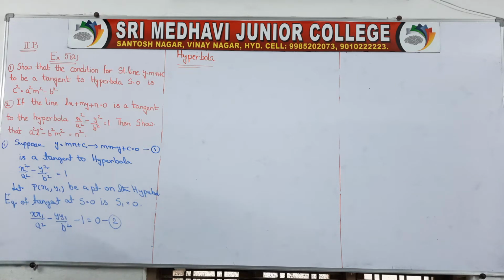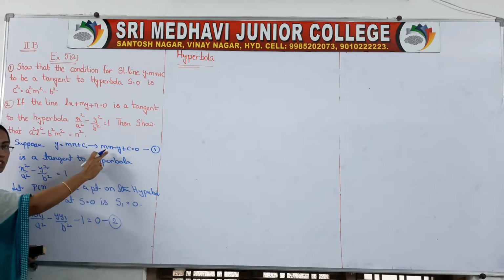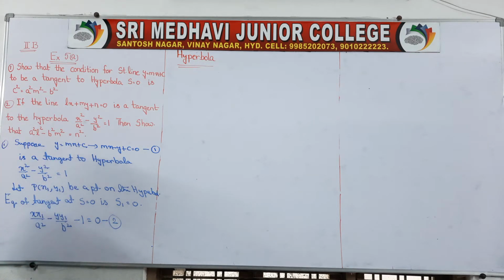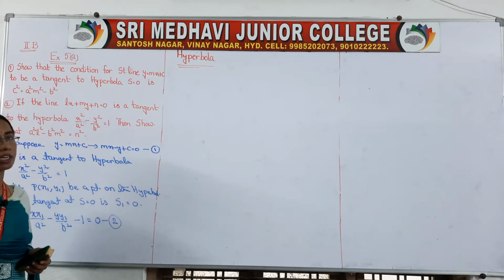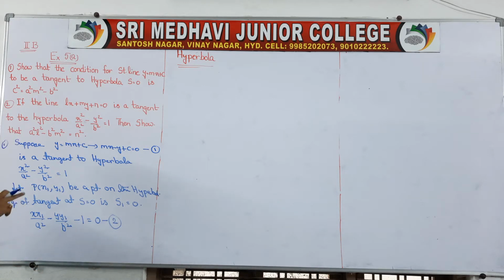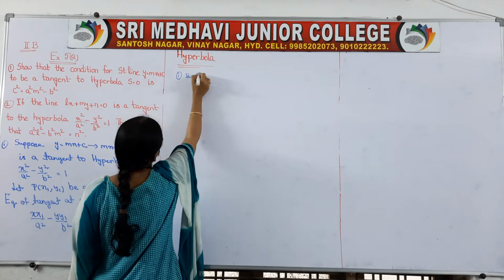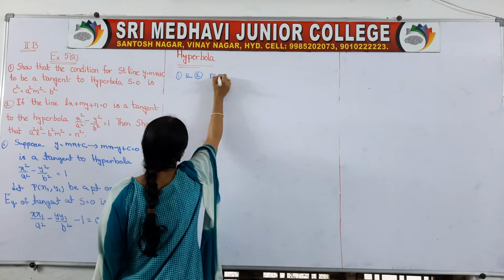So what I said, this is the tangent to the hyperbola at the point P, and P(x1, y1) is the point of contact. Again, I have taken the equation of the tangent at the point P(x1, y1). That means both are the equation of the tangent at the point P(x1, y1), so 1 and 2 represent the same line.